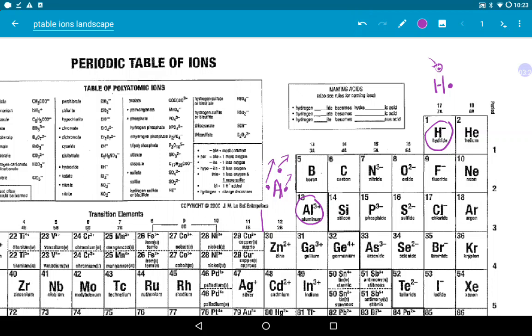Now look at fluorine becomes fluoride, and let's just do that Lewis dot diagram. So fluorine looks like this, and you can see it has space for 1 electron here, and if an electron fills that space, then what happens? It becomes a negatively charged atom, 1 negative charge.